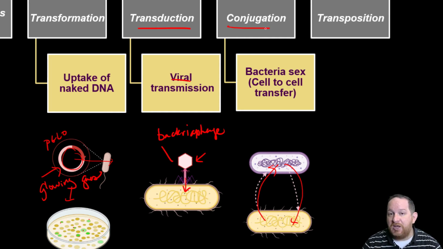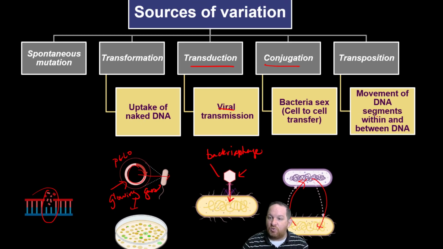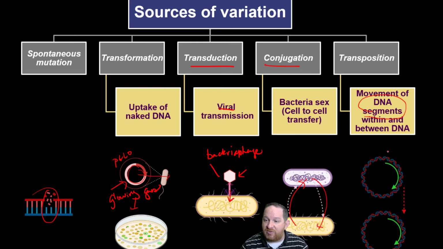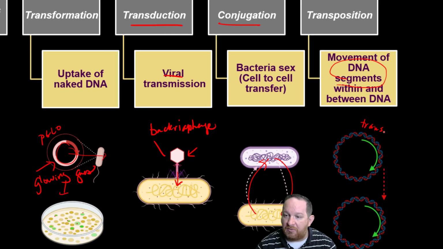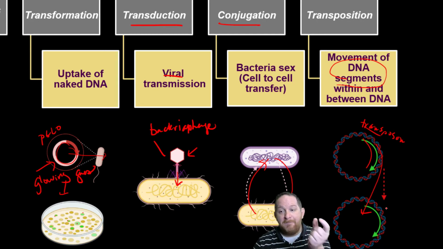And then another one is transposition. This is just when segments of DNA move within and between other DNA. And we actually call these transposons. When a little segment of DNA, let's say it's that segment, moves from here to there. So the segment of DNA moved from one area of the DNA to another.